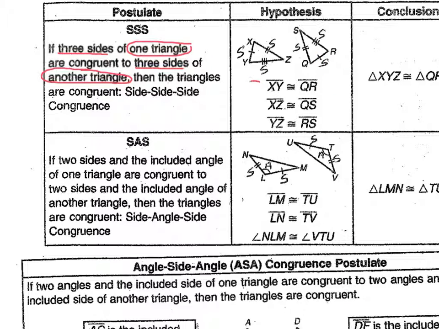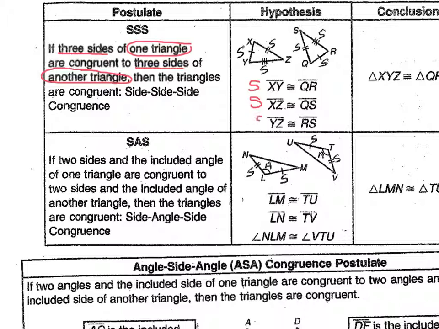So single, single, and that is the first one. So this is a pair of sides. And then you have 2 tick marks and 2 tick marks. So XZ is congruent to SQ, and you have that here. So that's another pair, so it's S. And then the third one is 3 tick marks, YZ, 3 tick marks, SR or RS.